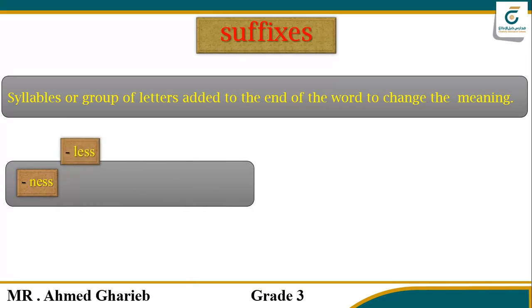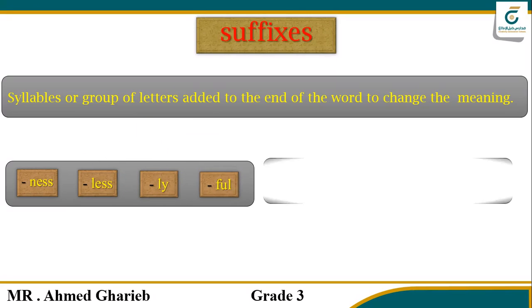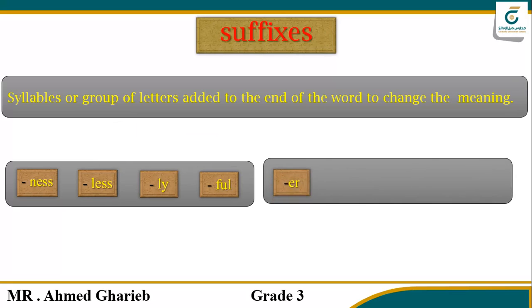Ness, less, ly, ful, er. As you see, er and or have the same sound, ist and s. We studied all of them in the last 3 quarters, okay? And today we add 4 suffixes to this list, okay? Pay attention, please.